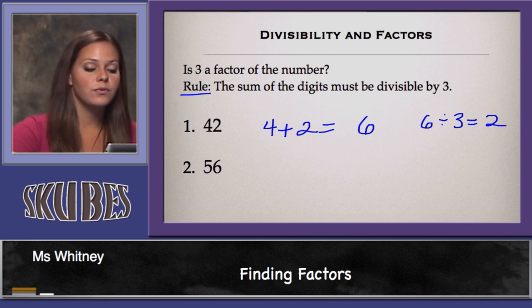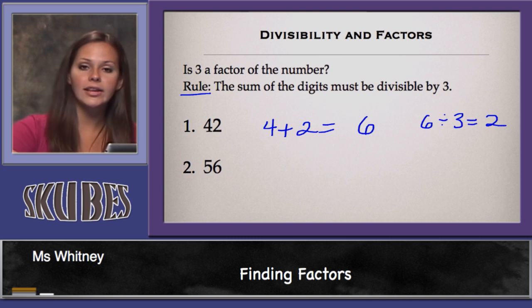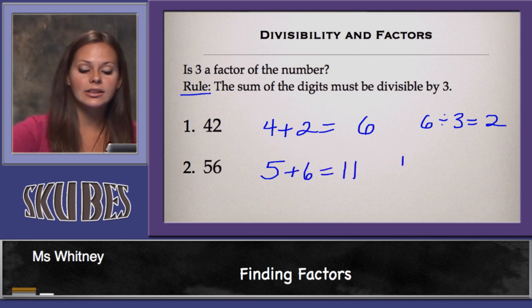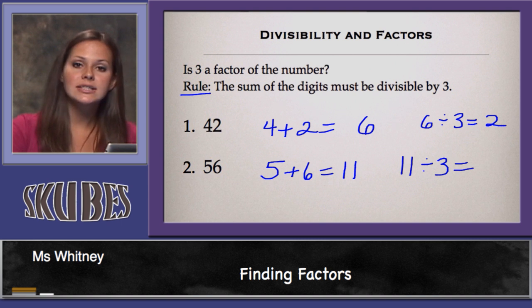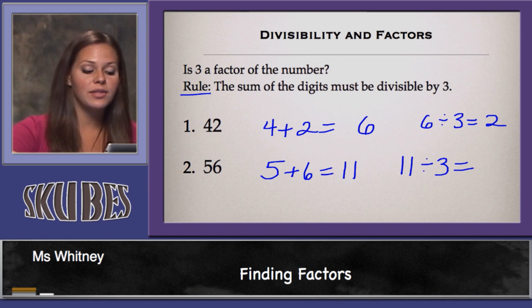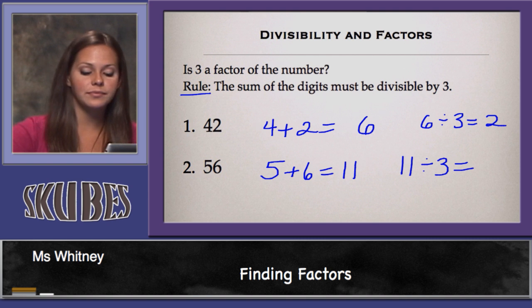So yes, 42 is divisible by 3. Now let's look at 56. Let's add our two digits. 5 plus 6 is equal to 11. Let's see if 11 is divisible by 3. 11 divided by 3 does not give me an even number. 11 is not divisible by 3. So I know that 56 is not divisible by 3.